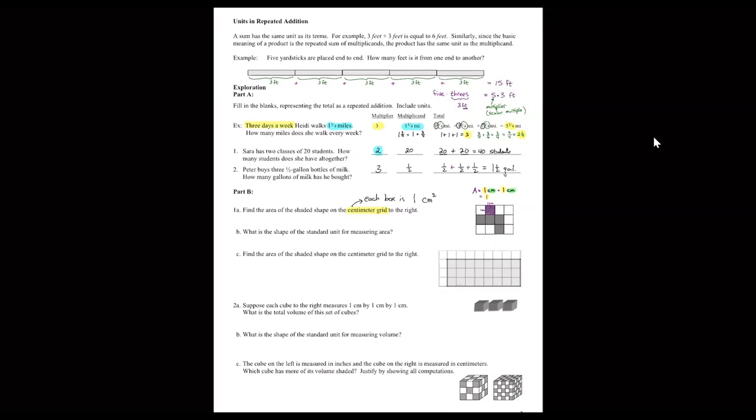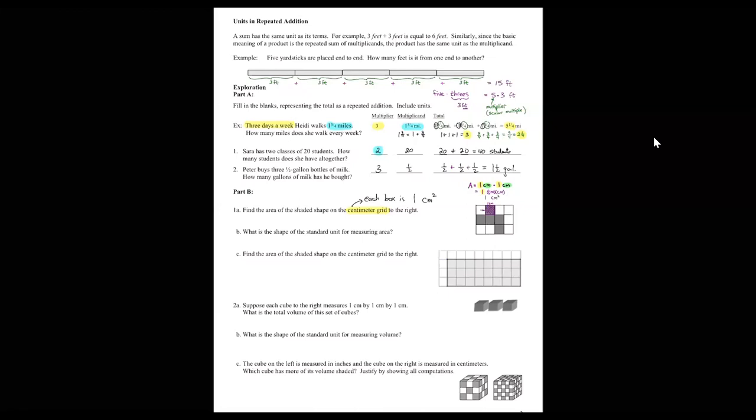Right? So when you multiply cm by cm, we're actually getting cm as a multiplier of cm, the multiplicand. So that product is cm raised to the first power, to the second power, right?